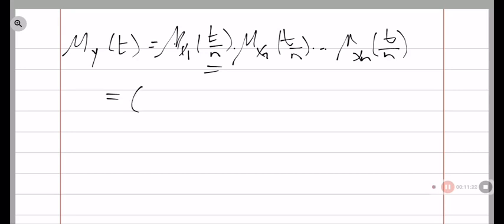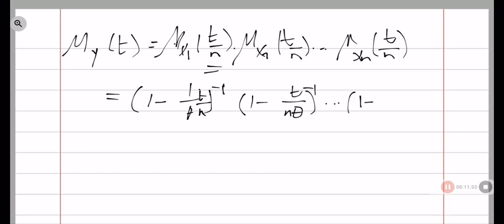That means 1 minus 1 over theta times t divided by n, to the minus 1, and the same thing for x2, and then up to xn, the same thing: 1 minus t divided by n theta, to the minus 1.